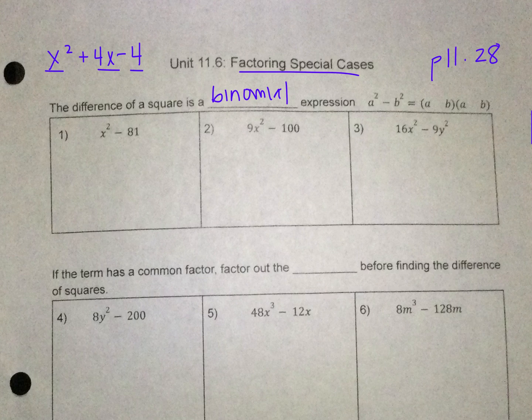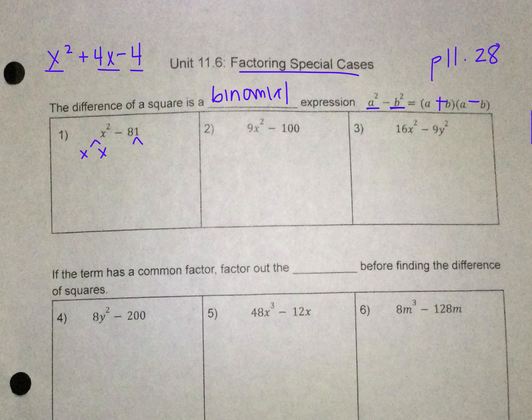If I have a squared minus b squared, one answer will be plus and one will be minus. So for all of these, you're going to have a plus and a minus. These are easy because I can break this down into two groups. I have x, because x squared is x times x.